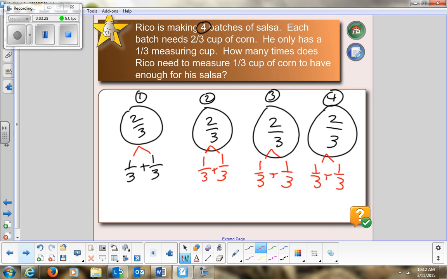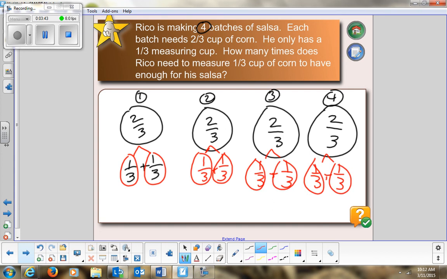Okay, it's going to go into that one. All right, so here I have a total of how many 1/3? I'm just going to circle them and count them. 1, 2, 3, 4, 5, 6, 7, 8. So how many times is he going to have to scoop? He's going to have to scoop it 8 times.